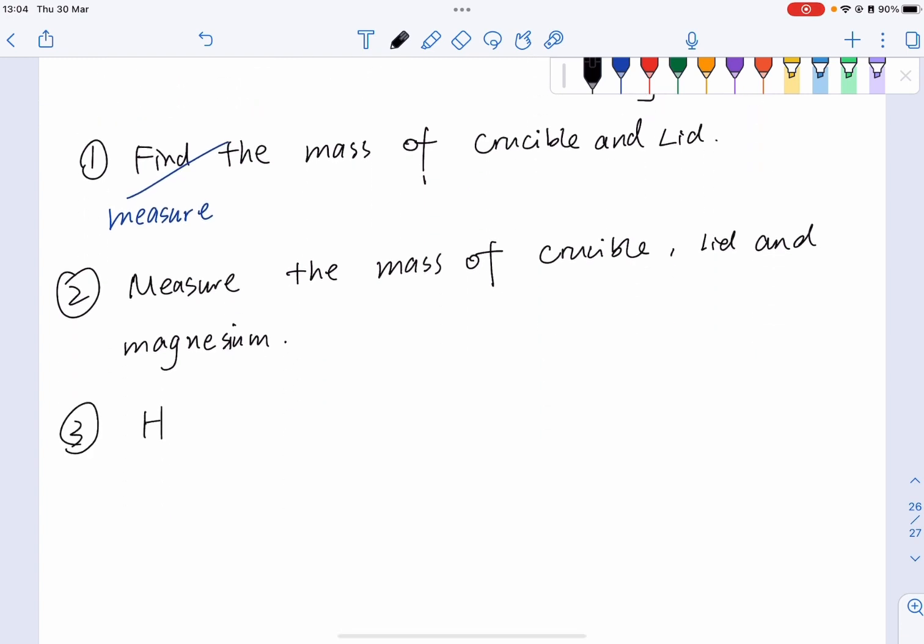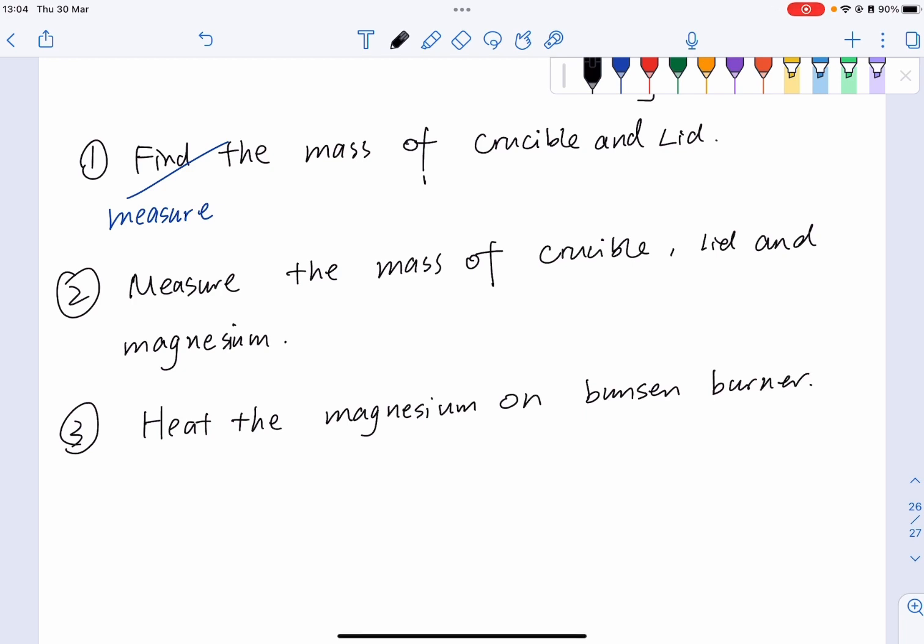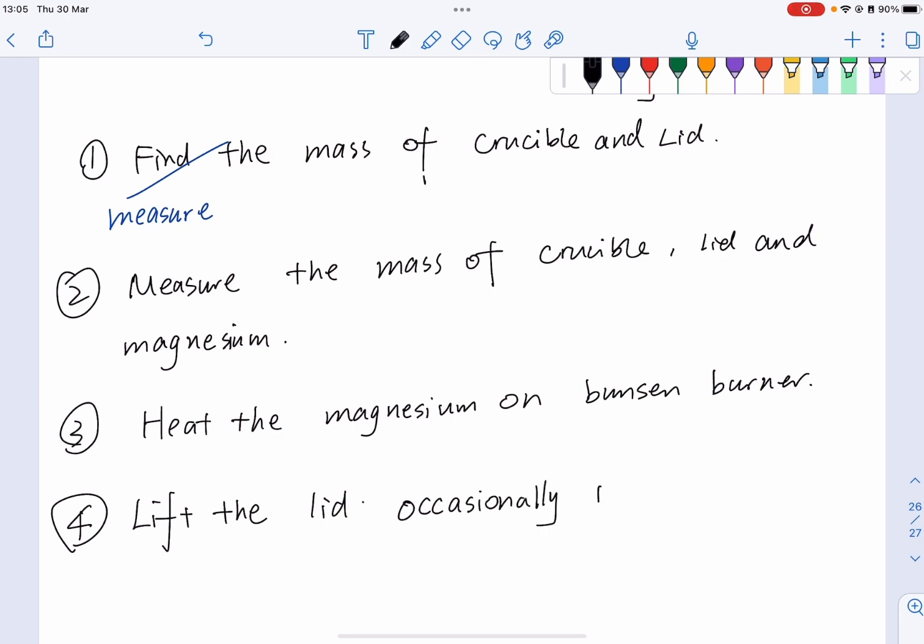And for the third step, we start heating. So heat the magnesium on a Bunsen burner. Remember, during the reactions, we will lift the lid occasionally, right? So here also, lift the lid occasionally to allow oxygen to get in.